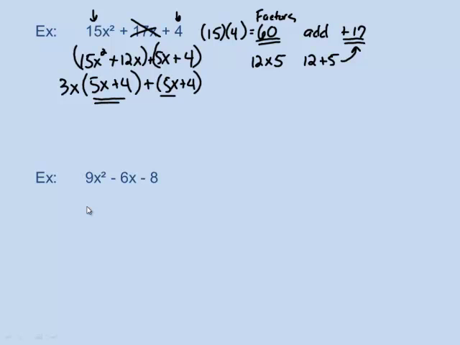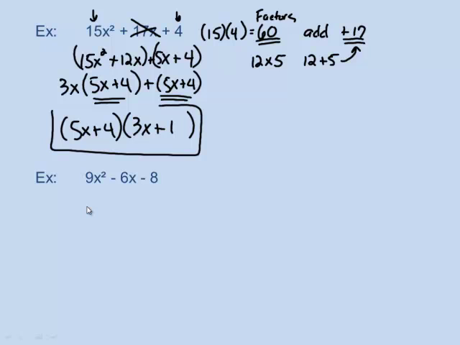But that's okay because we have groups that match there. So we're going to factor out the group and multiply that to the group of whatever's left once we pull that group out. And that will be 3x plus 1. And that's the factored form of 15x squared plus 17x plus 4.